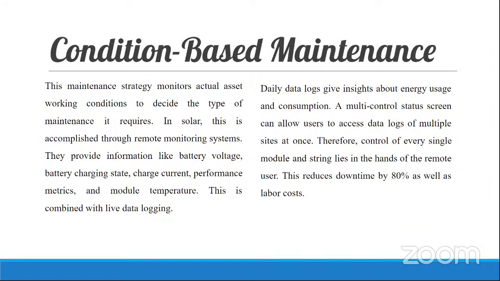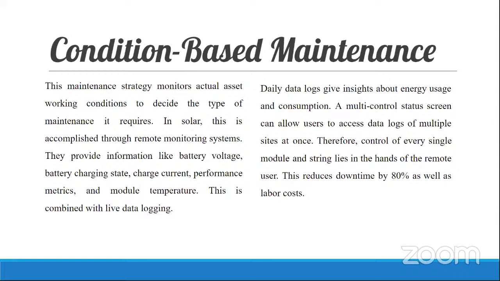Again, this is a little bit expensive, but with more and more companies providing IT-based solutions, one can see it. Some companies let you see real-time monitoring of how much energy is produced by the plant on your mobile app. So it can be made economical in the coming years, but as of now, it's somewhat expensive.